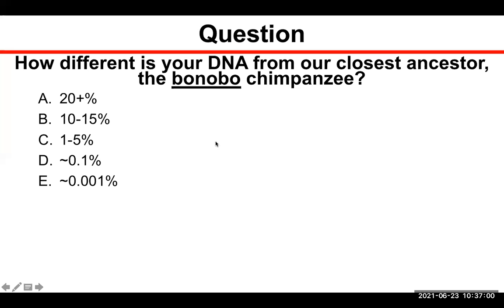So it really depends on the species of chimps. So the bonobo chimp, it's estimated that we're 1% different from them. So we're for the most part the same. If you compare our genetic material to the common chimp, it's going to be closer to 4 or 5%.